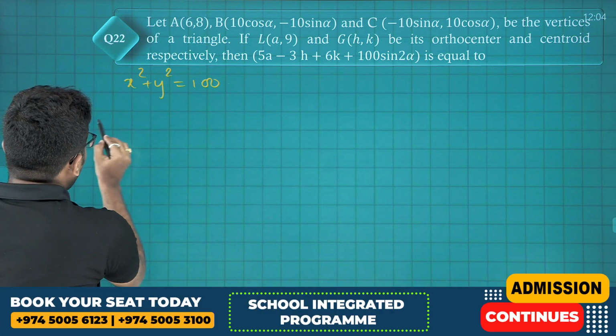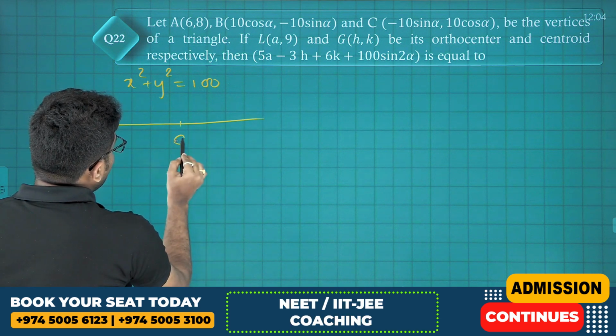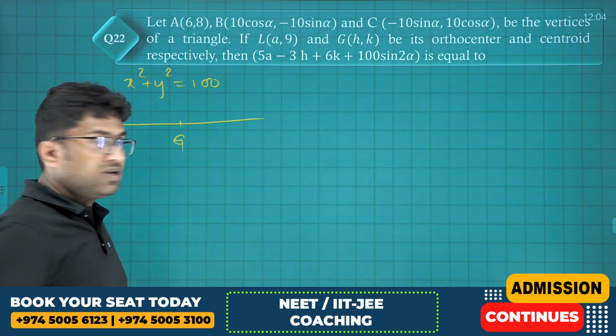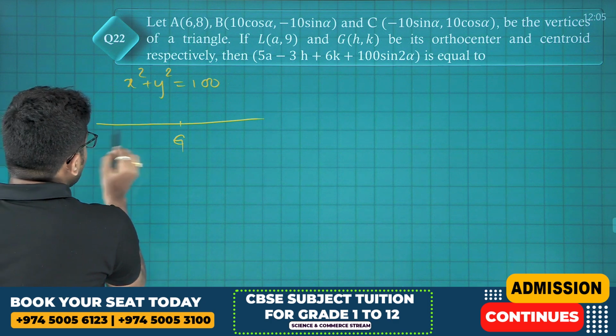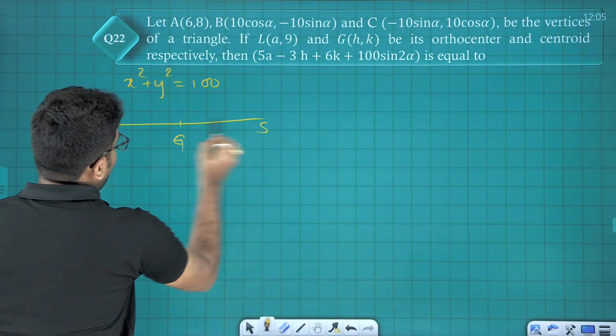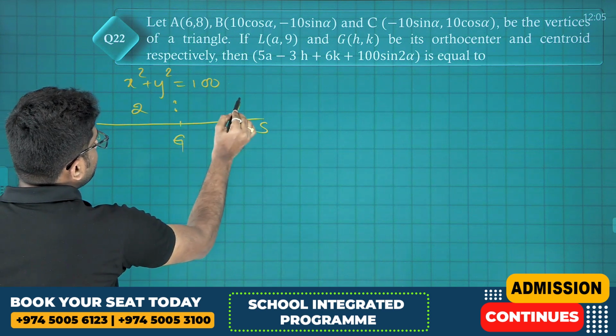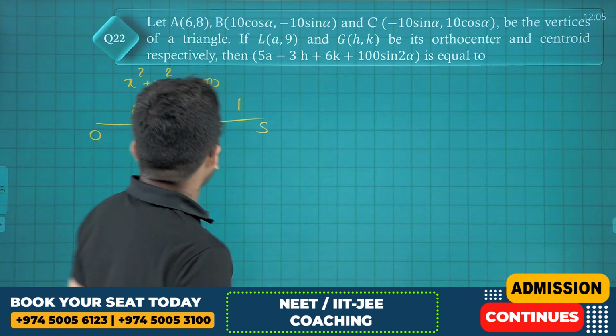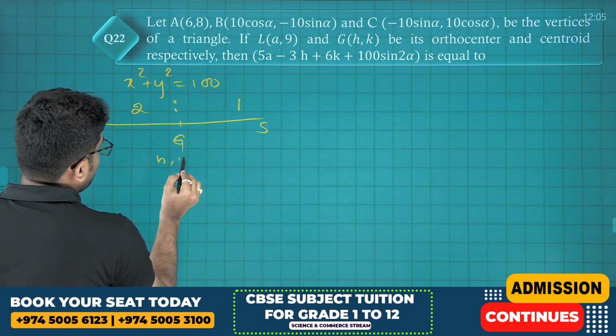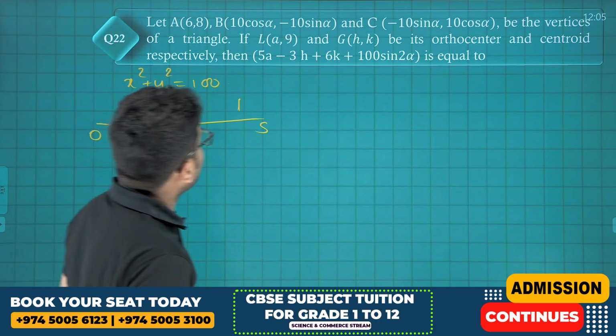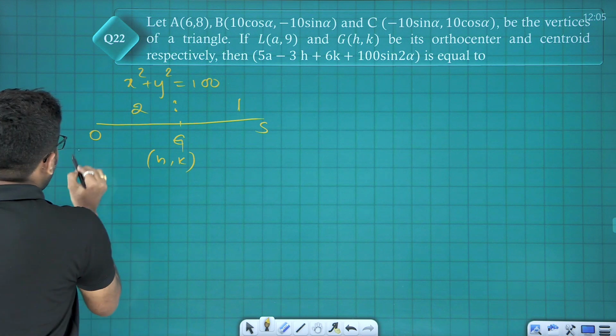Correct? And we all know centroid divides OS in the ratio 2:1. They have given centroid as (h, k), orthocenter as (a, 9).